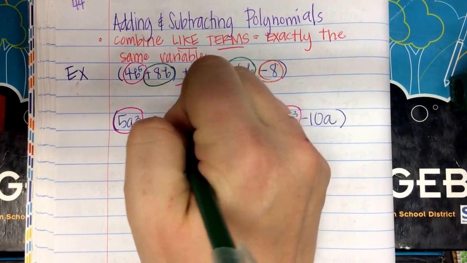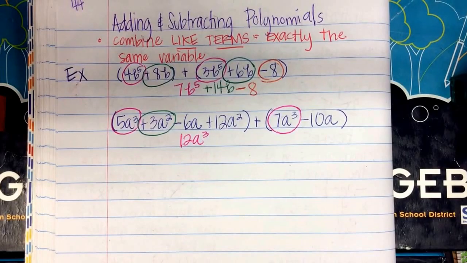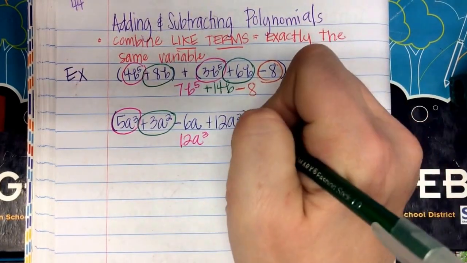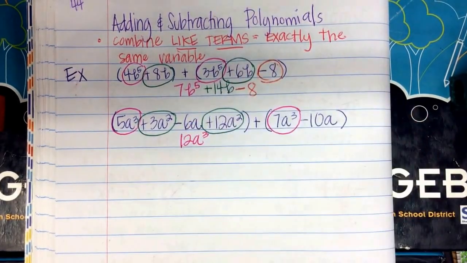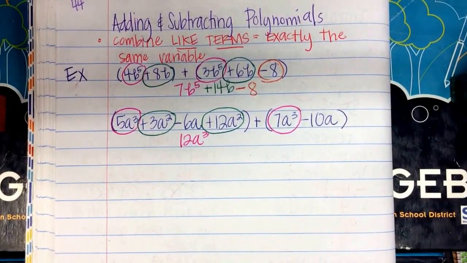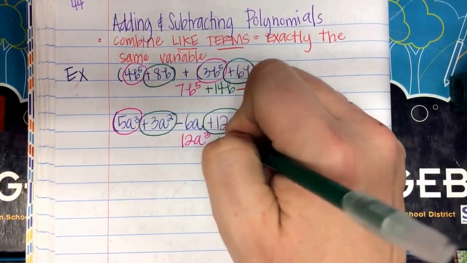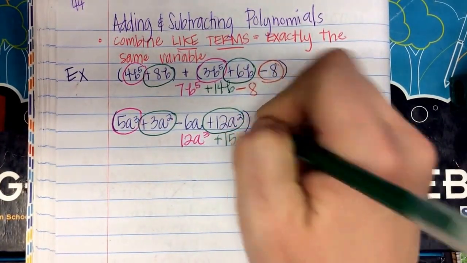Okay, I heard 3a squared. What else would go with it? Plus 12a squared. 3a squared plus 12a squared is, so how do I write it? Plus 15a squared.